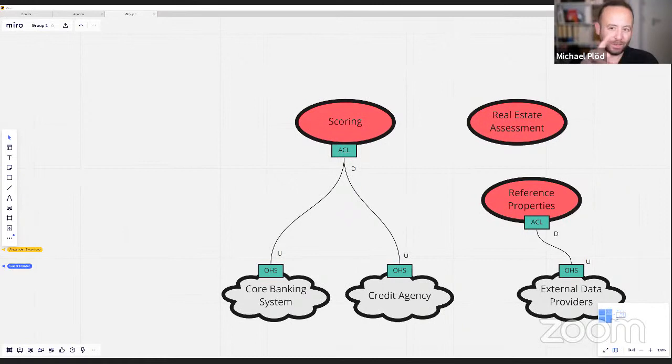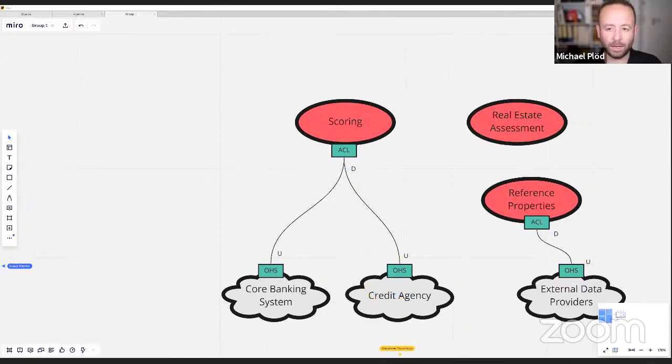I've briefly skimmed through the other boards and I saw something quite similar with everyone. Yeah, we should have an anti-corruption layer against those external systems. An anti-corruption layer is about translation of models. We translate from one language into another language, so to say. Conformist is basically about the propagation.